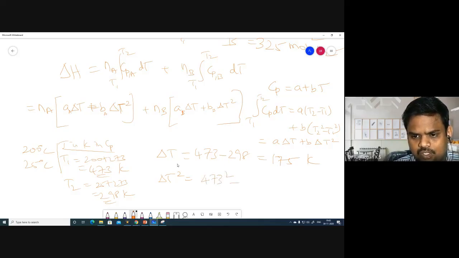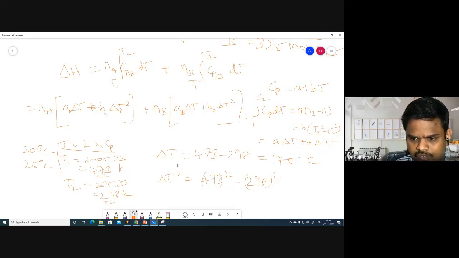Similarly, what is delta T square? 473 square minus 298 square. Remember, it is not delta T whole square. It is delta of T square, which for our own convenience we are writing like this. Otherwise, we have to substitute in detail in the equation and you will get a lengthy expression. To simplify that, I am using it like that.